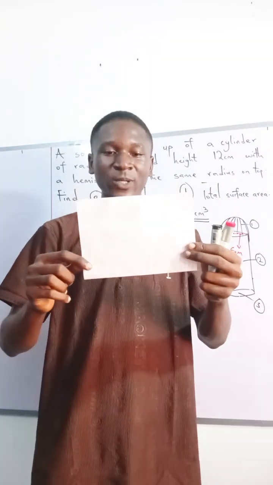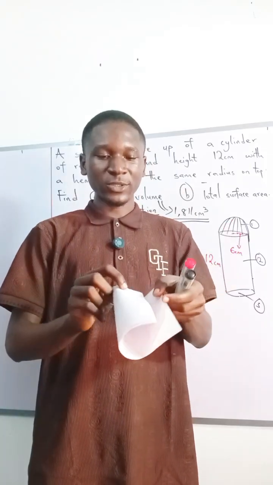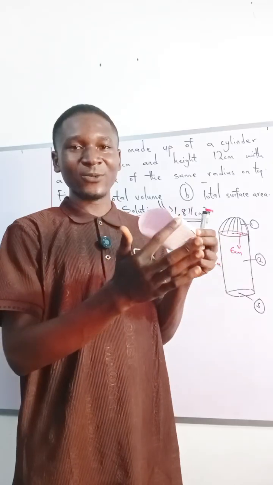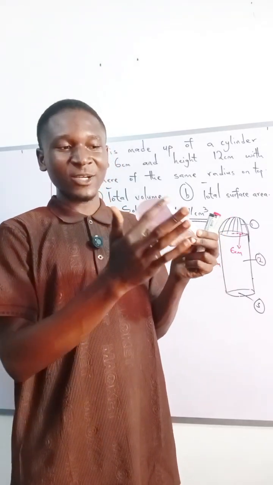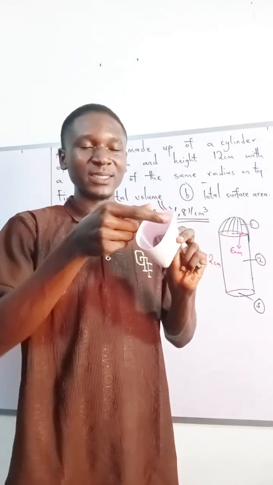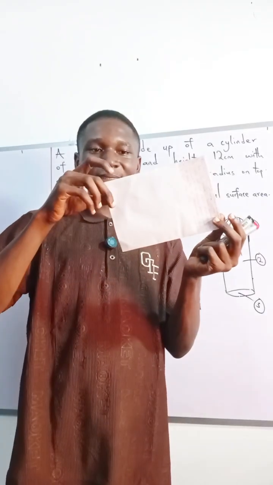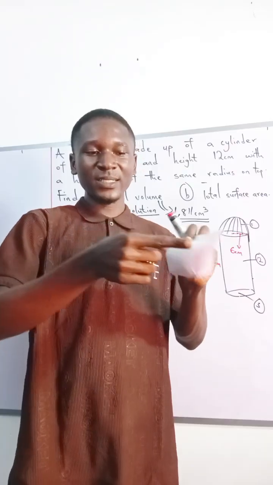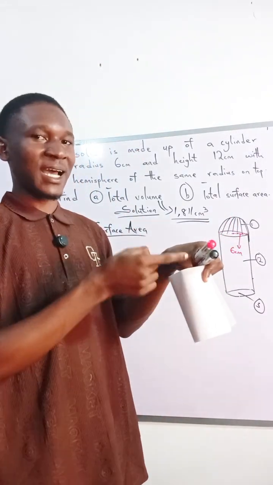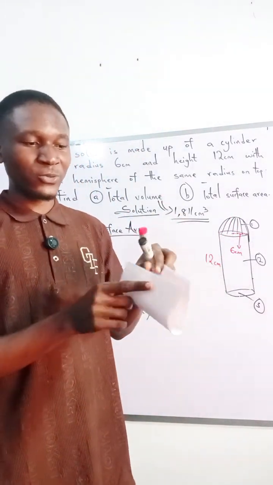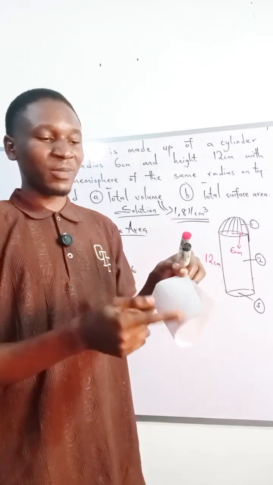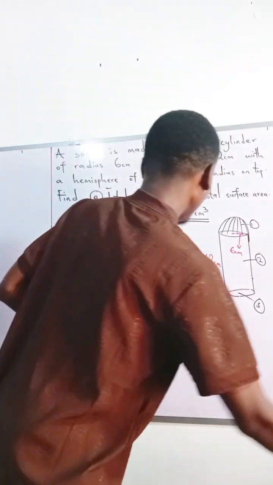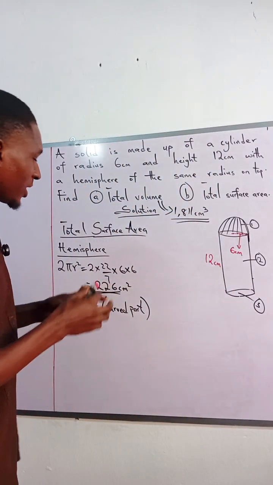The circumference of the circle is going to be the length of the rectangle, while the height of the cylinder is going to be the height of the rectangle. If it seems confusing, just memorize the formula.